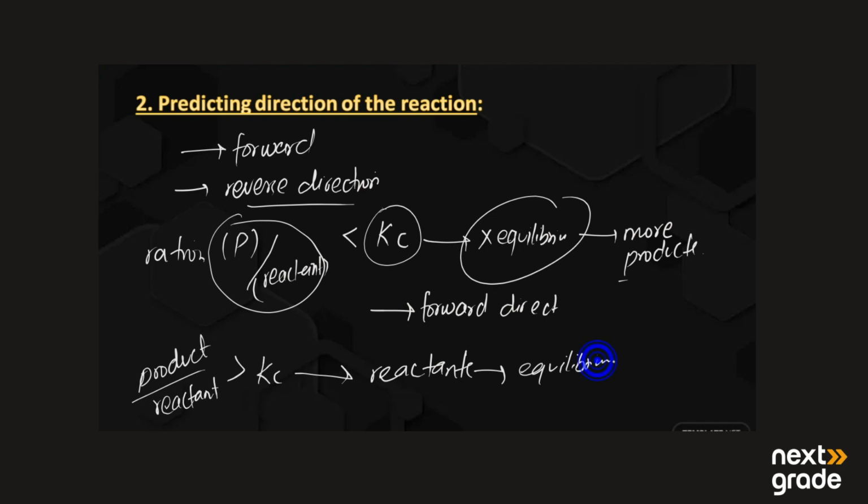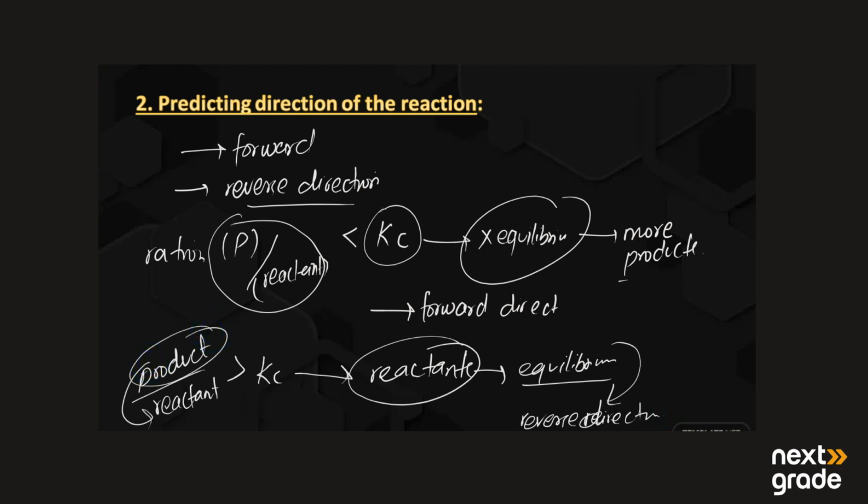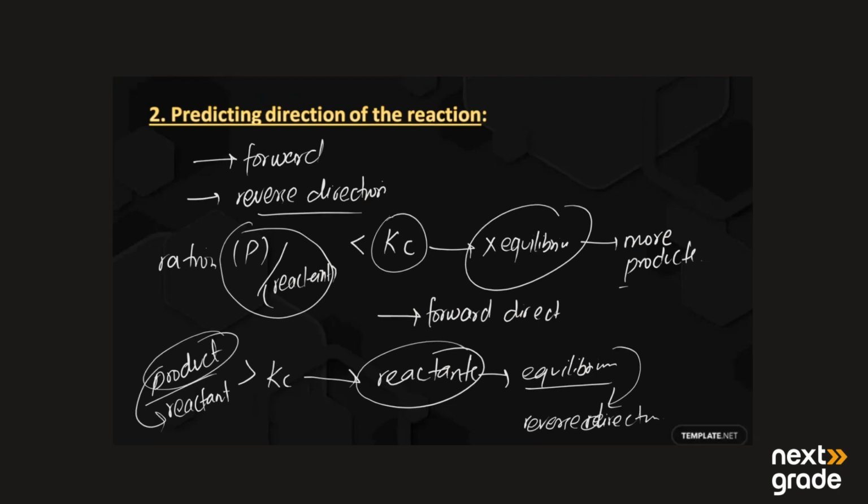When reactants are required, the reaction will move in the reverse direction, and more products will recombine, forming the reactants. So this was the importance of Kc for the given reaction.